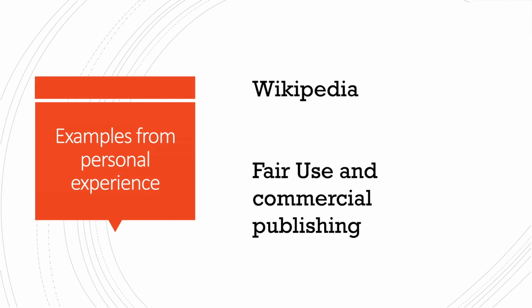Wikipedia will show you whether it is open use or whether they are using it under what they deem fair use for their site. Also, with commercial publishing, sometimes even fair use will not be treated the way that it should be.